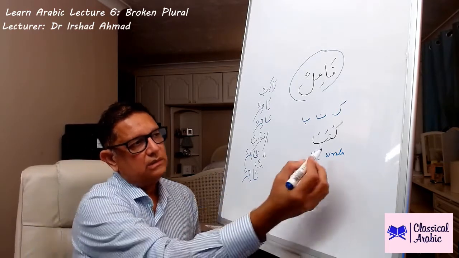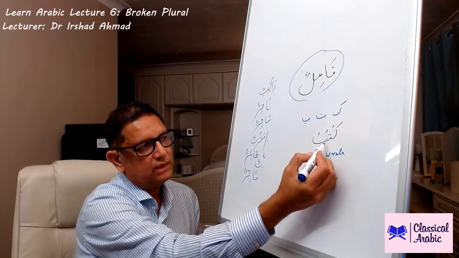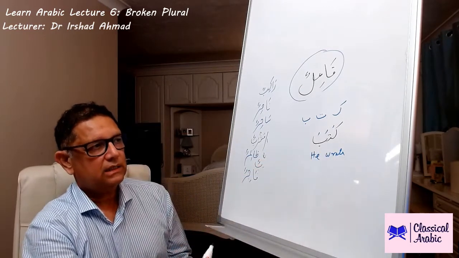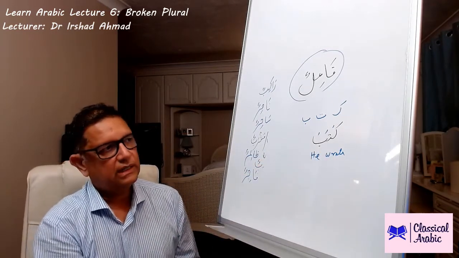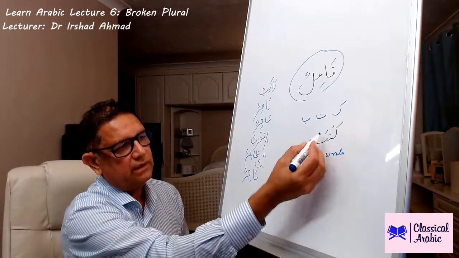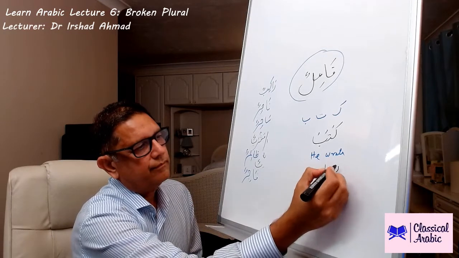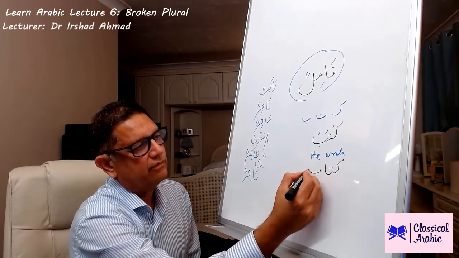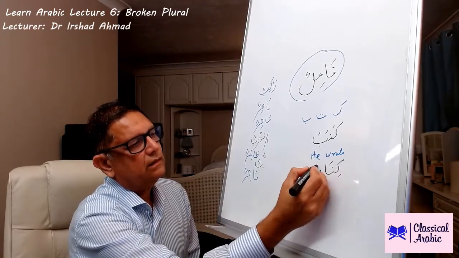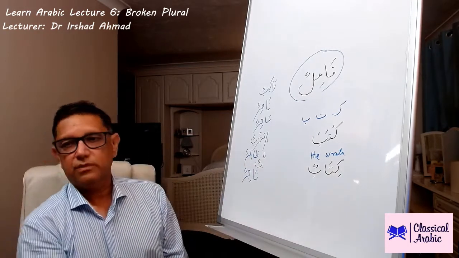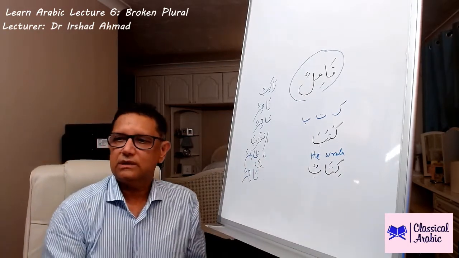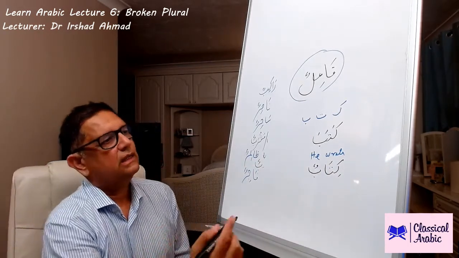Now this is purely three letters, and we can add other letters to it. For example, if I add alif after ta, I get this word we're very familiar with, kitabun, which means book. And what is a book? A book is a collection of writings.